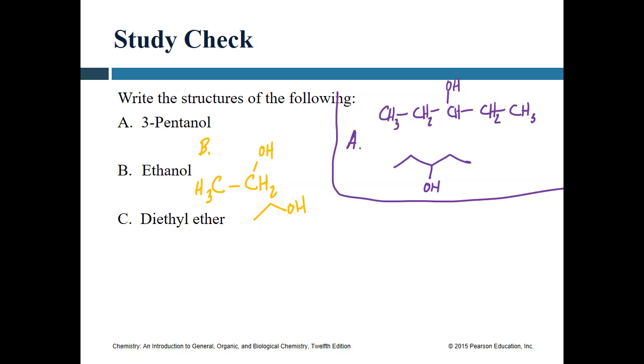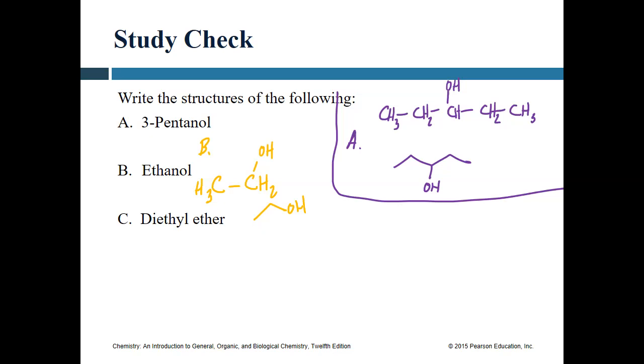So that's the thing, the longer the chain gets, the more the need for a specific location becomes important. So in ethanol, there's only one possible place where it could be, because if I put it on the left carbon, it's the same as if I put it on the right carbon. All I would have done is just spun it around.